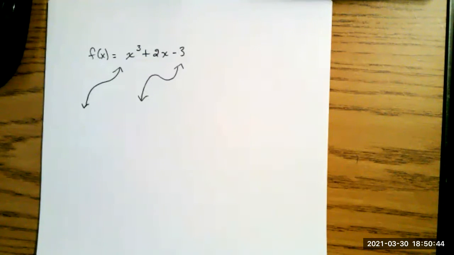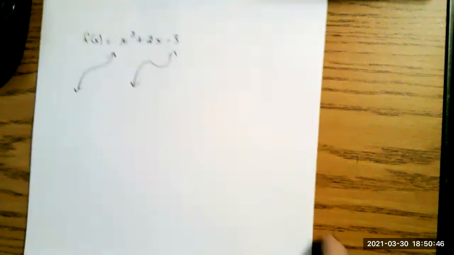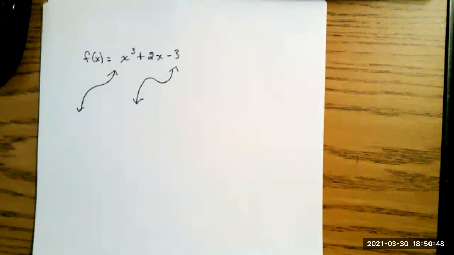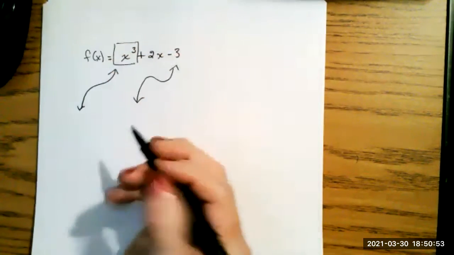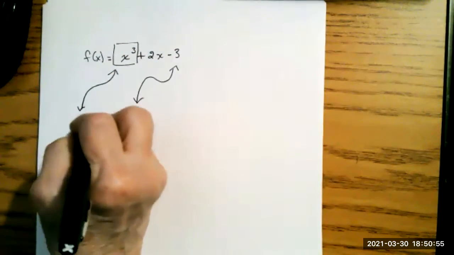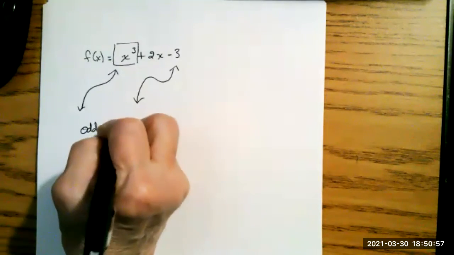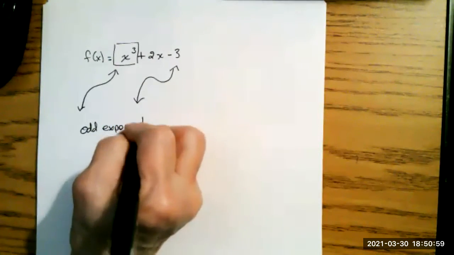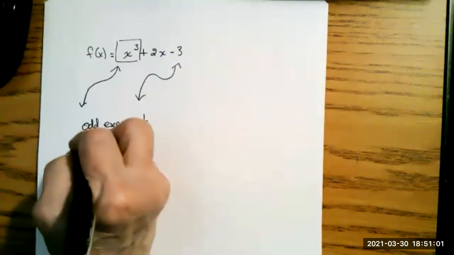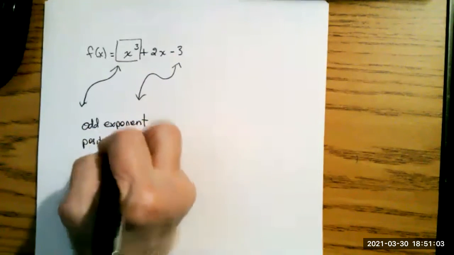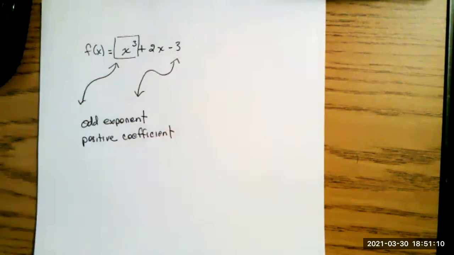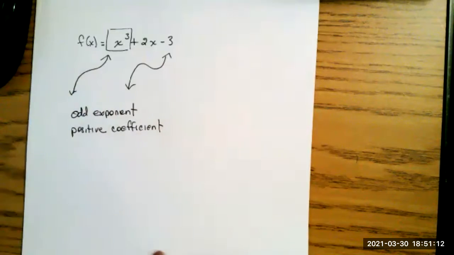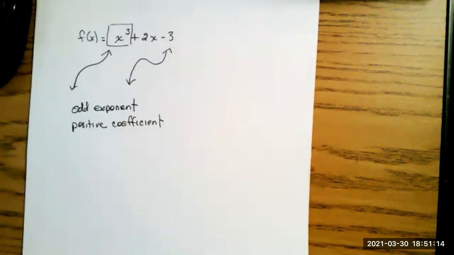See that? So let's think about what the end behavior of these look like. You're talking about this leading coefficient here, and you have an odd exponent and a positive coefficient. Then it's going to be one up and one down that goes this way. The down comes down on the left side, the up goes up on the right side.